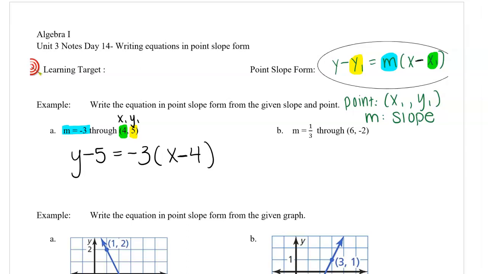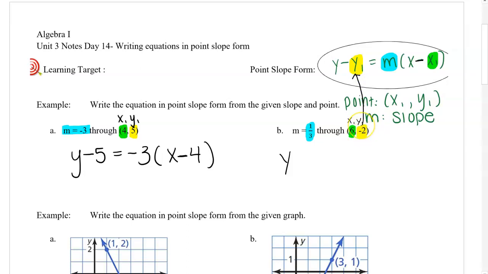So in this next example, we have an x value of 6, we have a y value of -2, and we have a slope of 1/3. All these values are going to go to their corresponding spots in the formula, but because the -2 looks like a negative, when you put it into this formula, it's actually going to change to a positive because you have minus a -2.